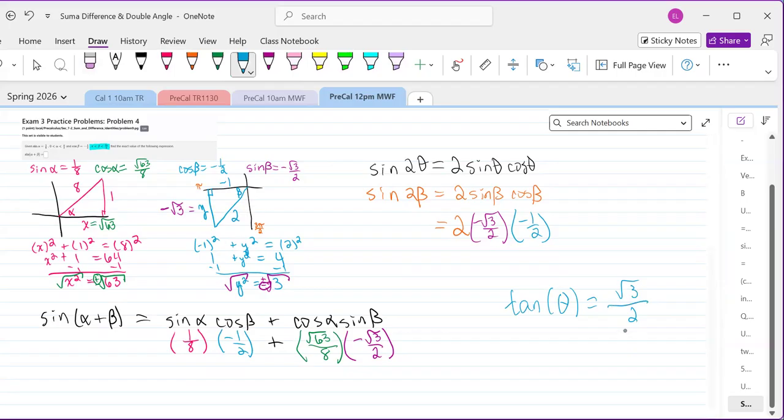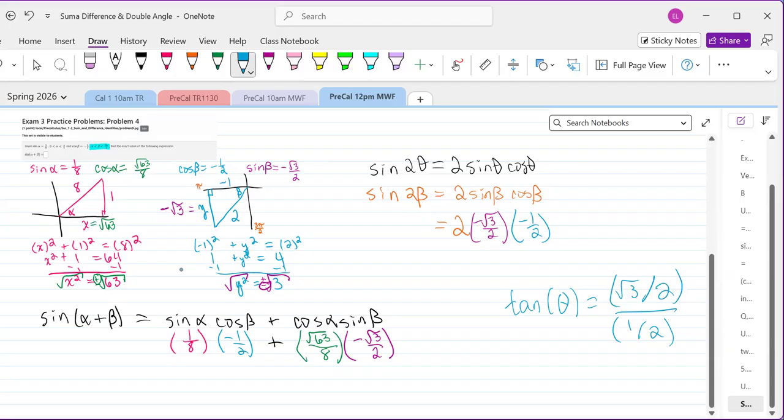Is the 2 inside the square root? No, square root 3 over 2 is the sine value over cosine. Oh, okay. So you mean like this. Yeah. And then over 1/2. Okay. So if you canceled out the twos, it would be square root 3 over 1.